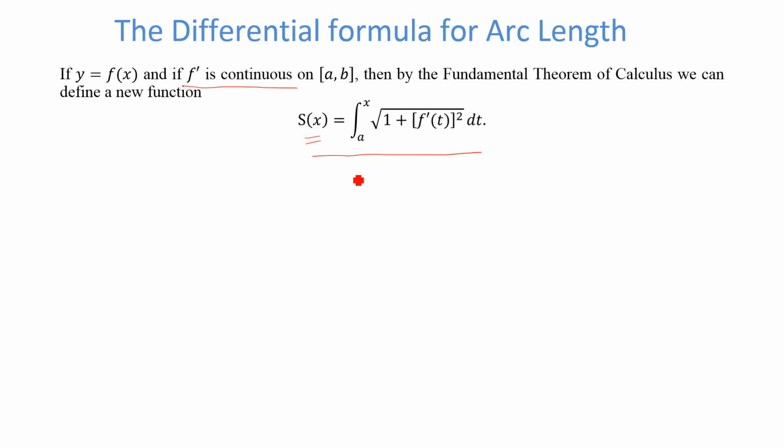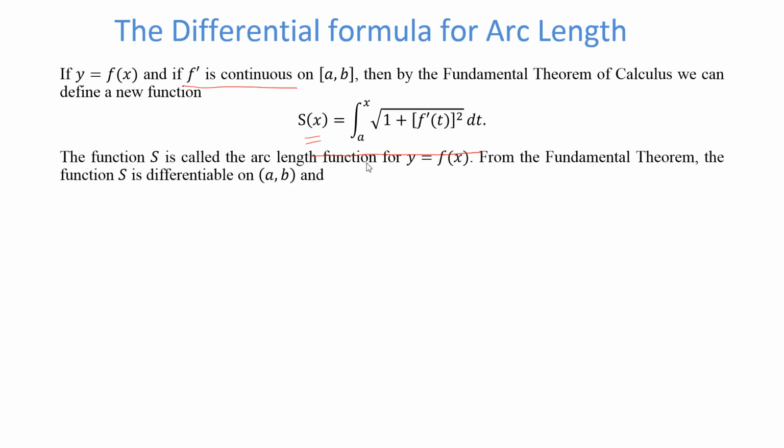So in this case, we can find the length of the arc for any point in the interval with starting point a. This is the point to be noted. The starting point is fixed.